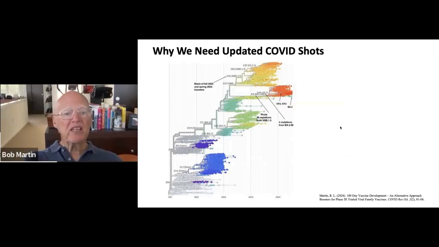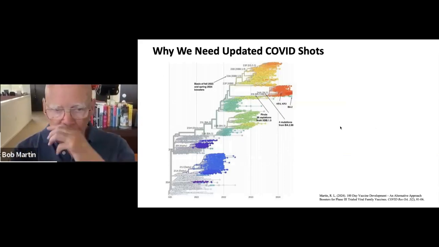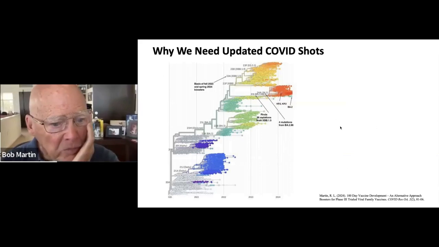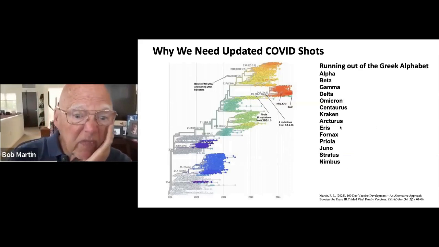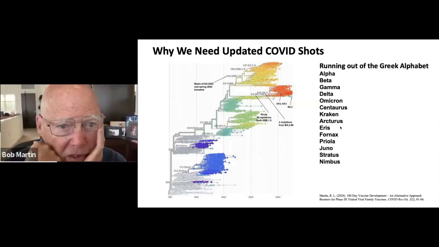Okay, the reason we need the updated shots, a bit, hammering on the drum a bit, is from another paper of mine. We got lots of variants, running out of the Greek alphabet.